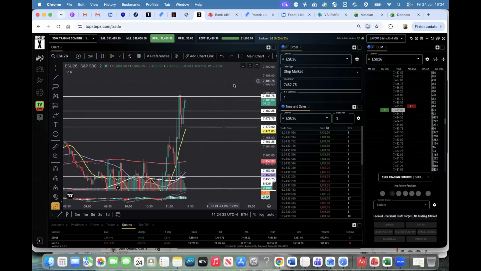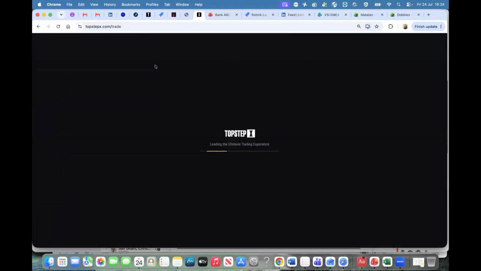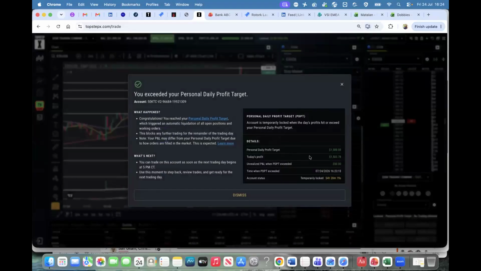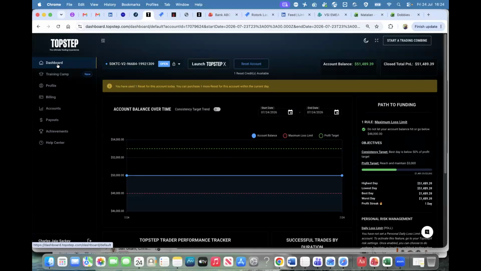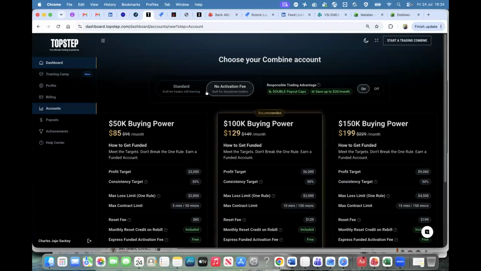It won't let me trade anymore because I've hit it. Okay, look, today's profit 1,503. Personal target 1,500, so I can't go past it. Maybe I should put on another account because the market is flying today. I'll open a new account. That one.